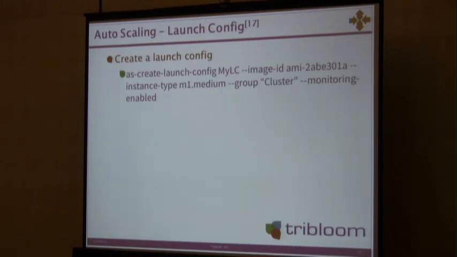And then we say which type of instance we want to start up. In this case, M1 medium is probably not what you'd use in production, but for testing purposes, you can easily make that scale up and down since it's small enough that you as an individual can force it to scale. The group is the security group that you're going to join.